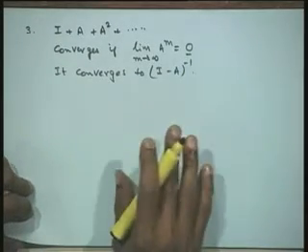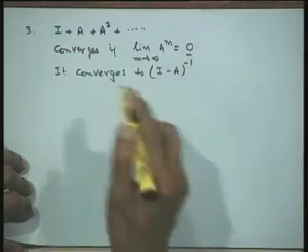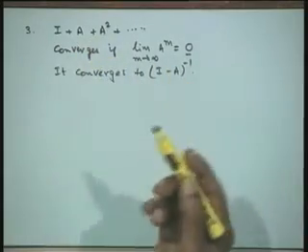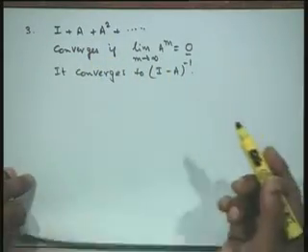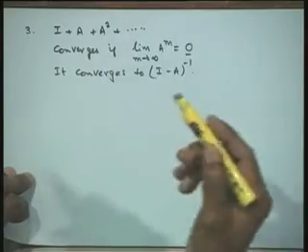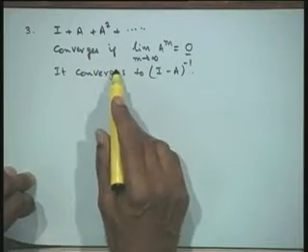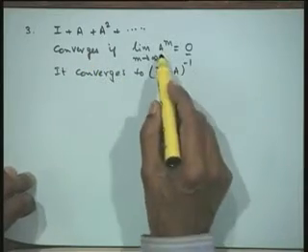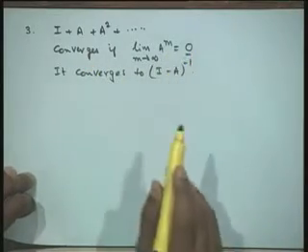You may think this is very similar to the binomial series. If you have a binomial series 1 plus x plus x square and so on, we know that it converges if the magnitude of x is less than 1, and it will converge to (1 minus x) to the power of minus 1, or 1 upon 1 minus x. So it's a result very similar to that; that result holds if the limit of A to the power of m is null.